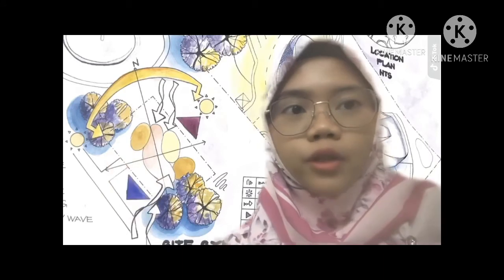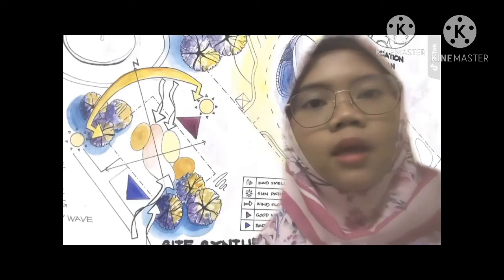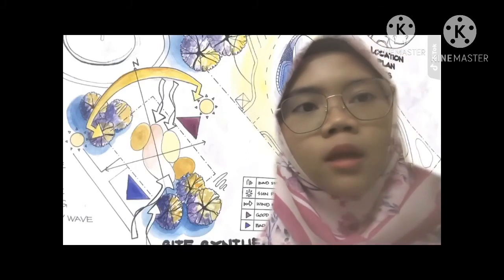You can see there are bubbles in the middle of the site. These indicate the particular spaces and the mood for each space, such as private, semi-private, and also public. The entrance comes from the west part, from the side, along the inner road.